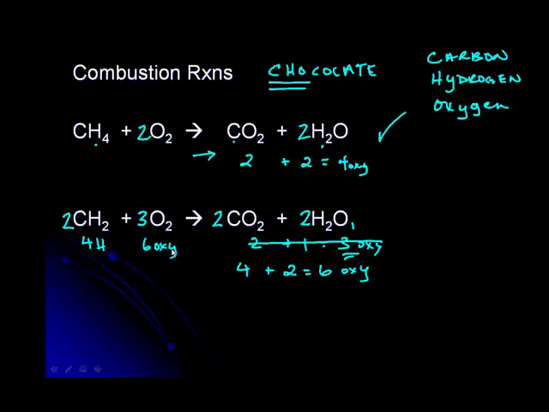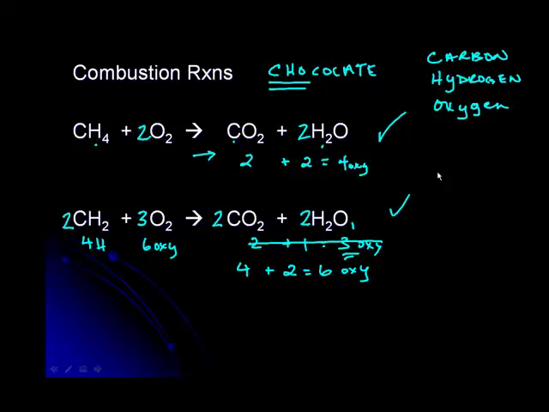I have my 6 oxygens. So I have 2 carbons, 2 carbons, 2 times 2, 4 hydrogens, 2 times 2, 4 hydrogens, and then I just balance my oxygen. 4 plus 2 more for 6 oxygens, and 3 times 2 is 6 oxygens, and this one's balanced.